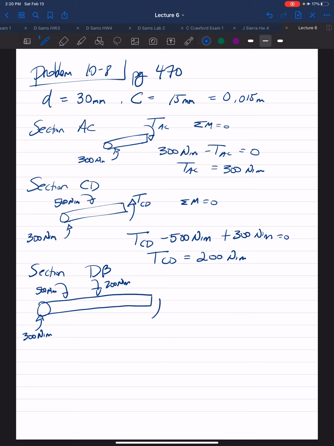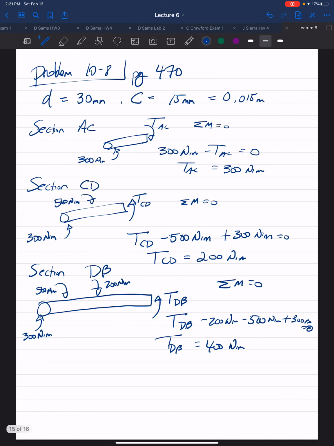So then our internal torque at this section, and we'll label it TDB. This would be TDB minus 200 Newton meters minus 500 Newton meters plus 300 Newton meters equals 0. So the torque in this section is equal to 400 Newton meters.